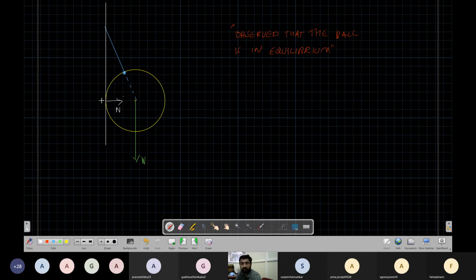So this ball will put an equal and opposite force on the wall. This happens, right? I think this was rightly pointed out. Such a force does arise. The first answer was that the ball exerts a force on the wall, and the wall exerts an equal and opposite force on the ball. This is what is known as contact force.